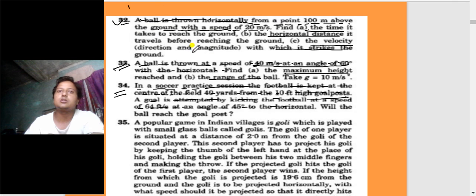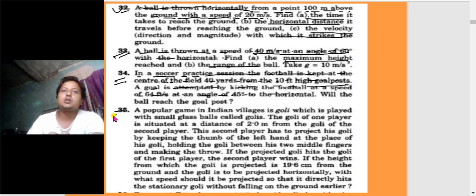In question number 34. Now in question number 35, there is a goalie at a height and there is another goalie at a distance of 2 meter. We have to find a speed so that it hits directly.